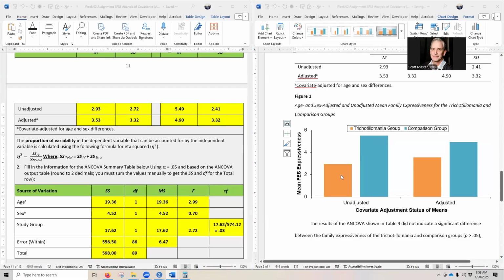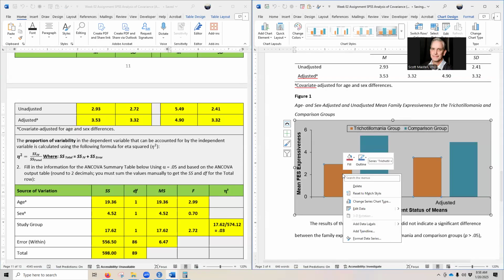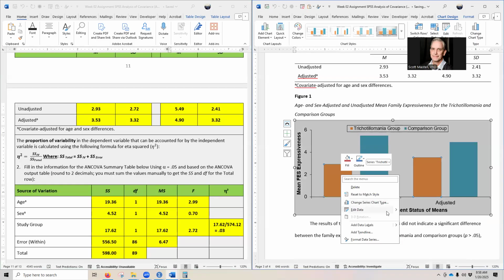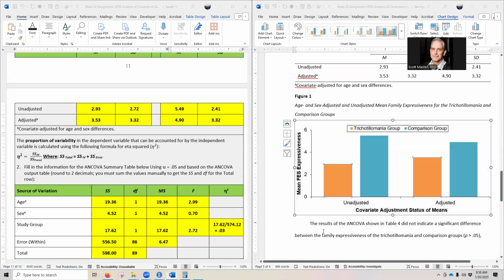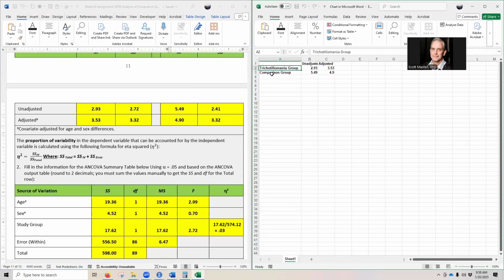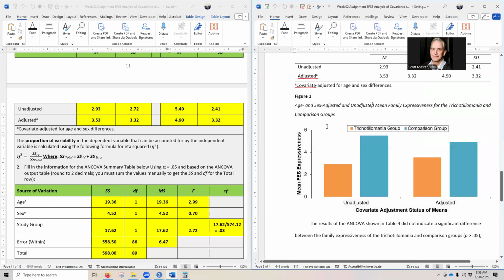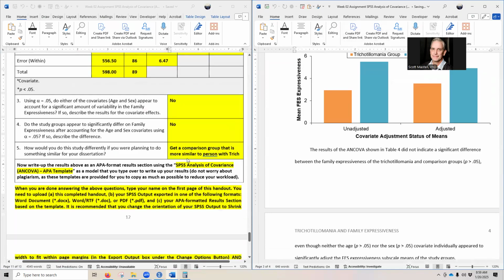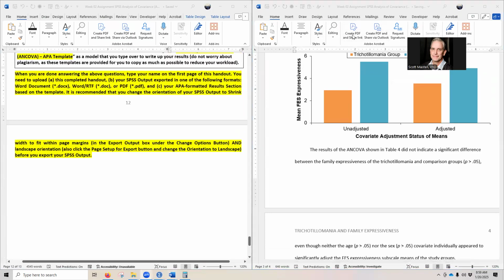I might have to edit data in Excel, which takes a minute to open. All right, edit data in Excel. When the box comes up, you can change the underlying data points and the titles. And if you change them to match the unadjusted and adjusted means, it will actually go ahead and update that figure for you as well once you click out of it. So good luck doing that, and hopefully this was helpful. So that's that.